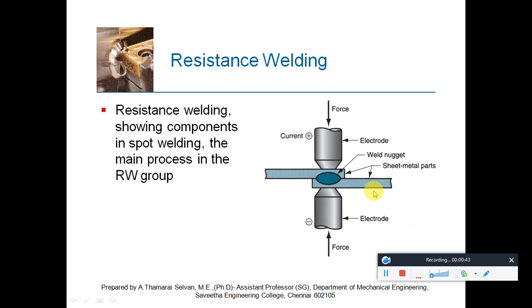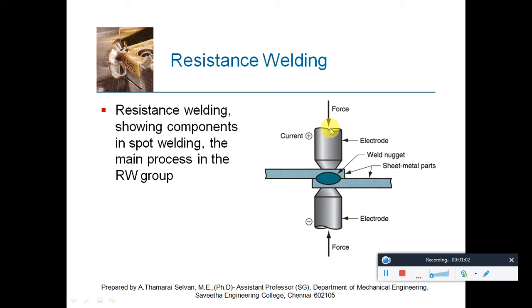This diagram will clearly show how this resistance welding takes place. Some of the components we have for this resistance welding are electrodes. We have two electrodes, one at the upper side and one at the bottom.